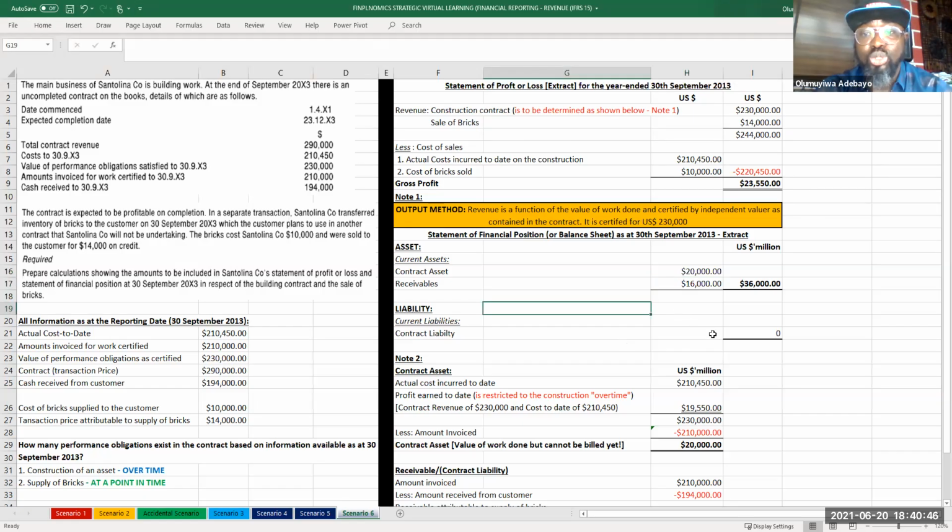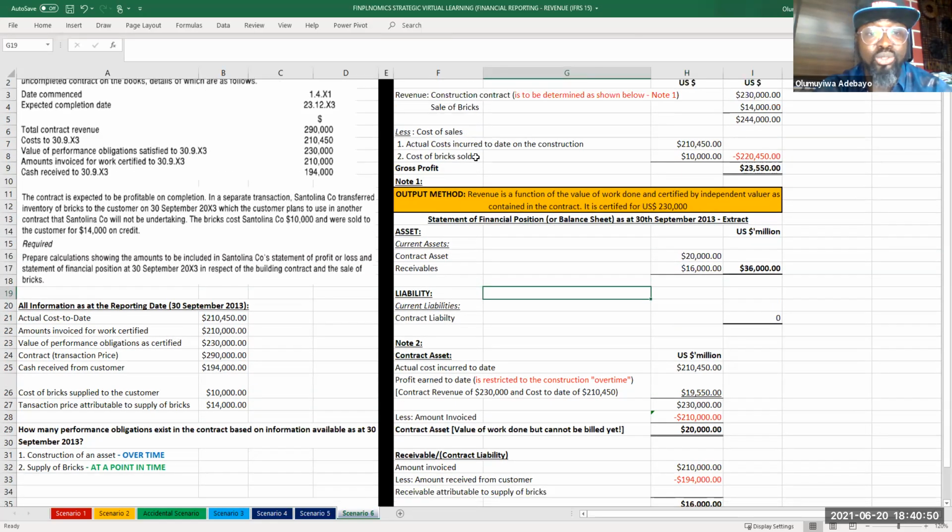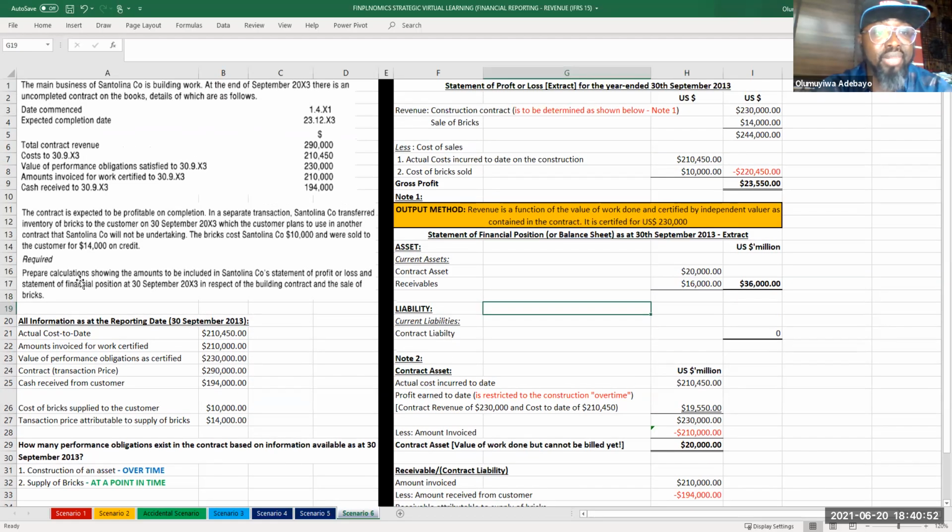But take note, 16,000 is our receivable from construction contract alone. But we have supplied bricks for how much? 14,000. That is also immediately receivable because the promised goods have been delivered, even when we have not invoiced. That is not part of what we do over time.